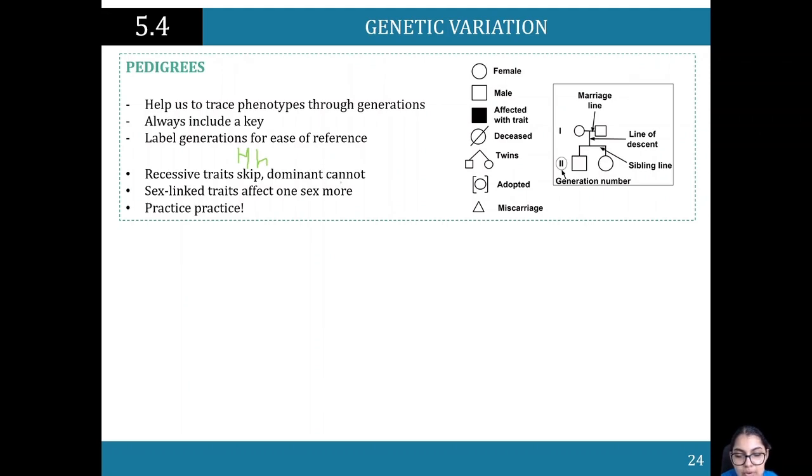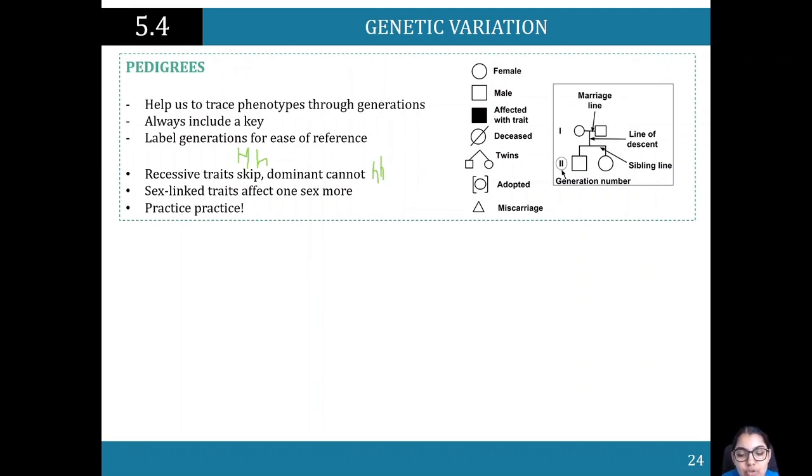So for example, if it's a recessive trait, we will say it's hh. Please pardon my h right there. There we go, hh. So there are 2 h's right there, and it is recessive. They're both going to be weaker than the capital one.